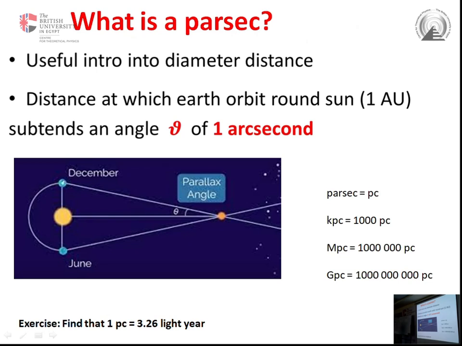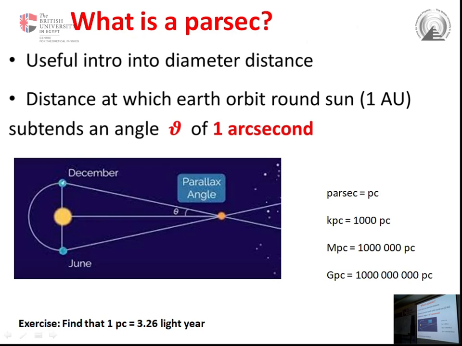Okay? So you see, this is already 3 1/4 light years, which is like the nearest star. The Earth's orbit looks like 1 over 60 over 60 of a degree, and that's already the nearest star. And then you're going to talk about kiloparsec, megaparsec, gigaparsec.